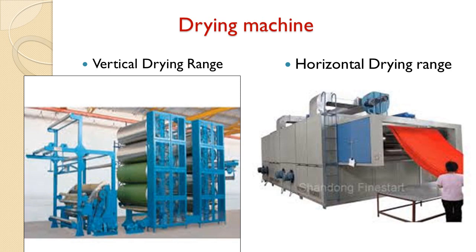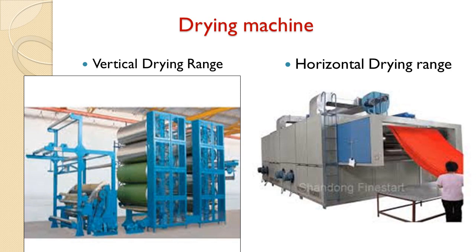Eight cylindrical drying units are there, 4 plus 4, total 8 cylinders, arranged in a vertical manner. This is how the fabric will be running on the machine. So this is called a vertical drying range.